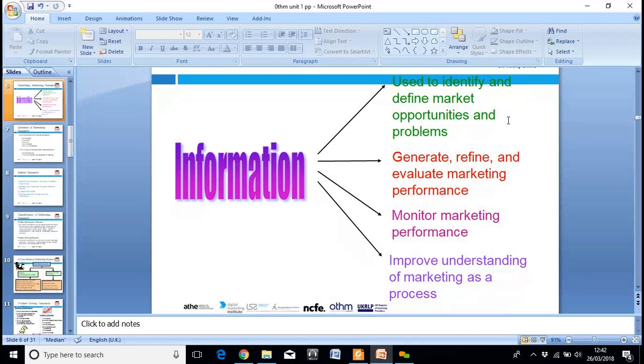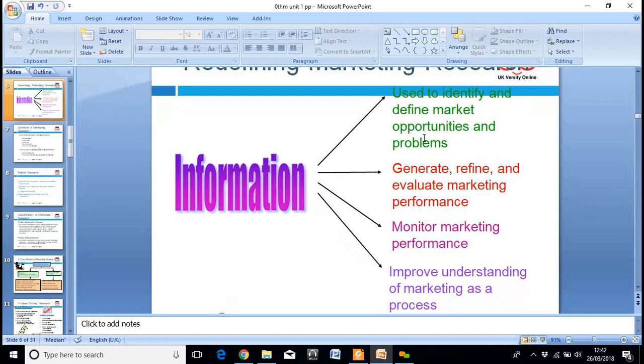So there are a number of opportunities there to identify a problem and work out how you actually get around that problem by producing a research project that will cover what you need to do.